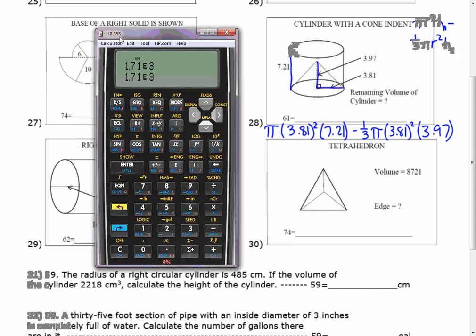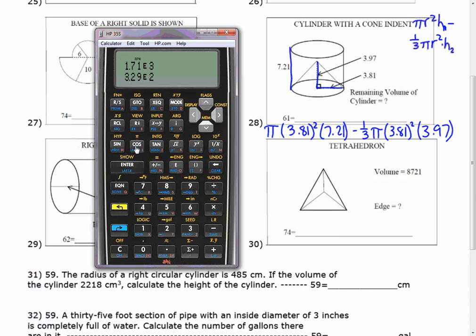I'd start with my yellow pi, 3.81, blue square, multiply it times the 7.21. So that's the cylinder. And then move on to the cone. Save your third for the end.